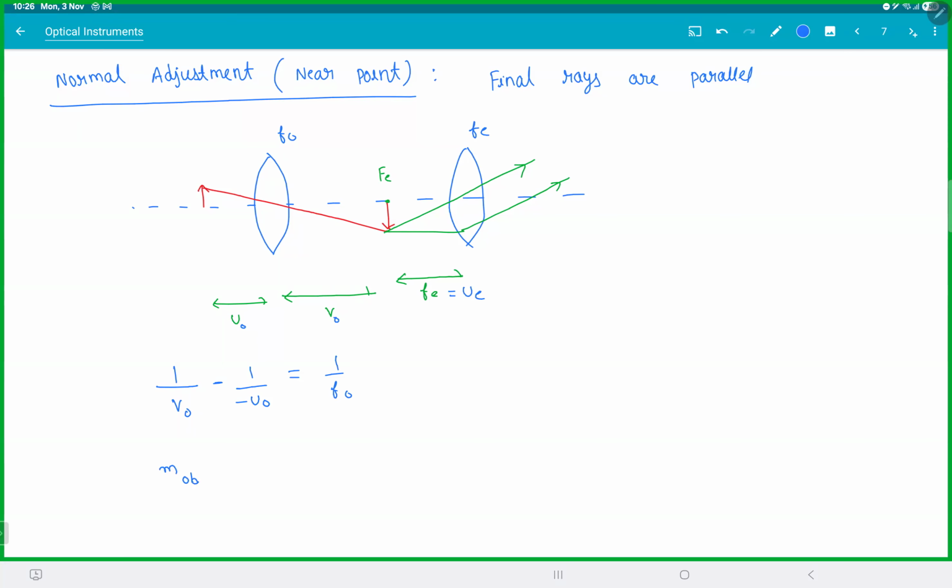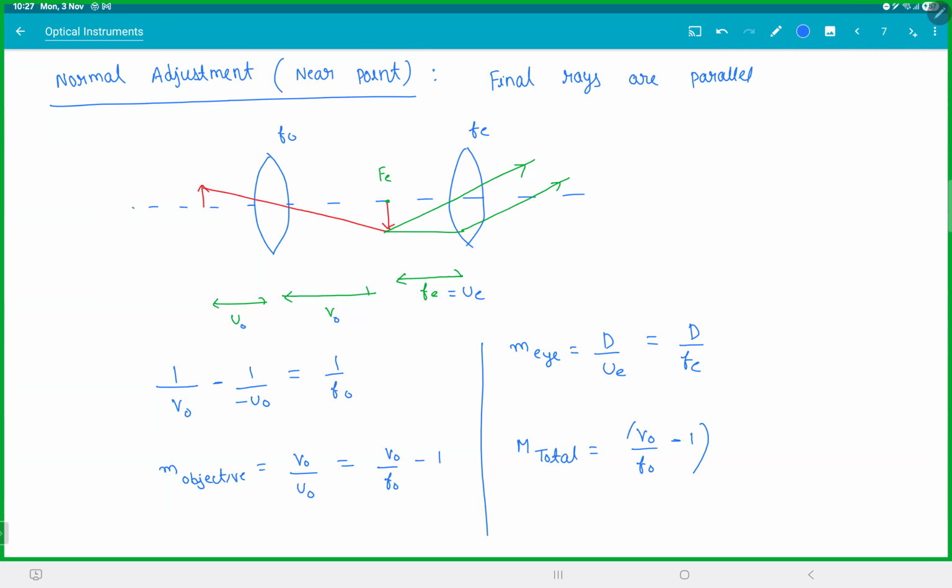Magnification of objective is V naught by U naught. If you multiply V naught on both sides, you end up with V naught by F naught minus 1. Magnification of eyepiece, D by UE, which is D by FE. Therefore, the total magnification is V naught by F naught minus 1, into D by FE.